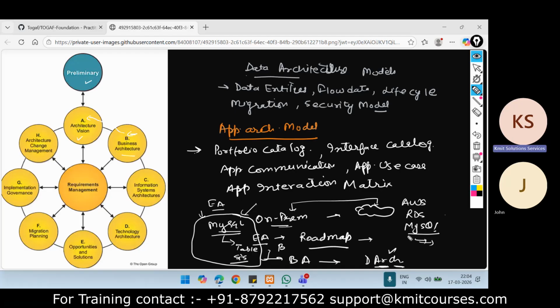Okay, so tomorrow we will discuss the artifacts, what the artifacts are and how we define them in phase C. We will discuss what your approach will be in phase C. And as you mentioned that you want to know about data flow diagrams, how they will look, data security models and data diagrams, I will cover that also.